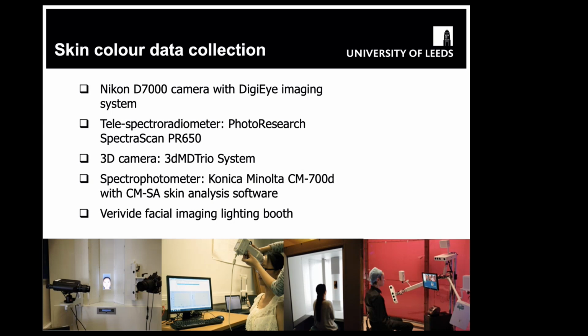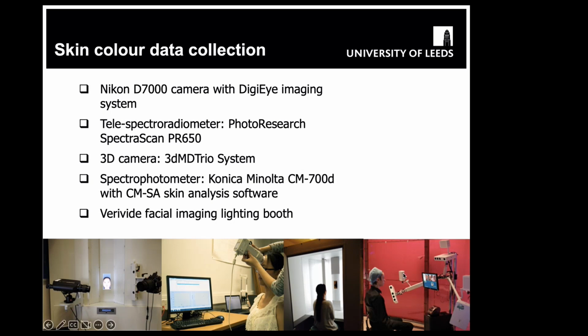And then we also started to collect skin colors. In our lab, we try to use all different methodologies. As we mentioned, we have a telespectroradiometer and a spectrophotometer, which is the conventional way to do skin color measurement. We also have a digital camera with a viewing cabinet so that we can capture a human's face and predict their skin color.